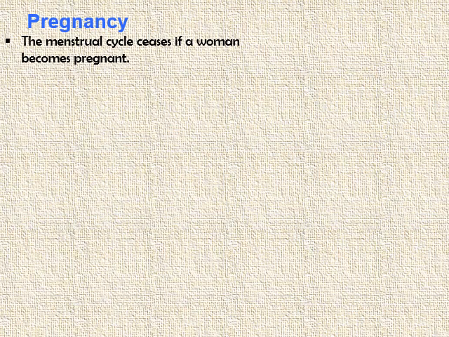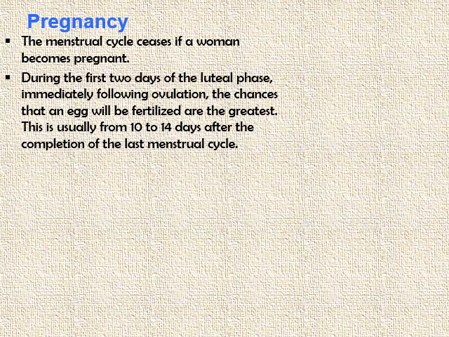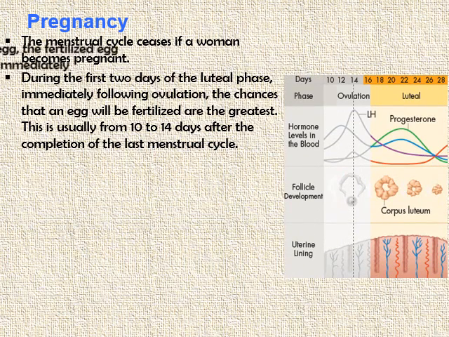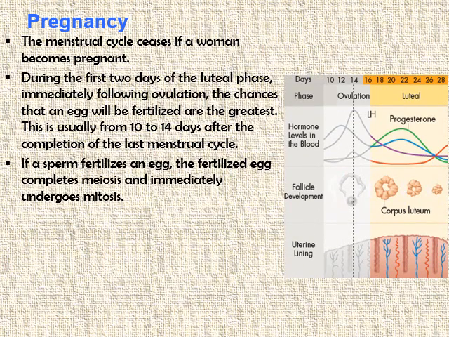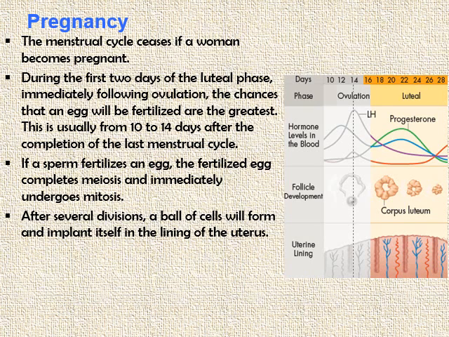Pregnancy. The menstrual cycle ceases if a woman becomes pregnant. During the first 2 days of the luteal phase, immediately following ovulation, the chances that an egg will be fertilized are the greatest. This is usually from 10 to 14 days after the completion of the last menstrual cycle. If a sperm fertilizes an egg, the fertilized egg completes meiosis and immediately undergoes mitosis.